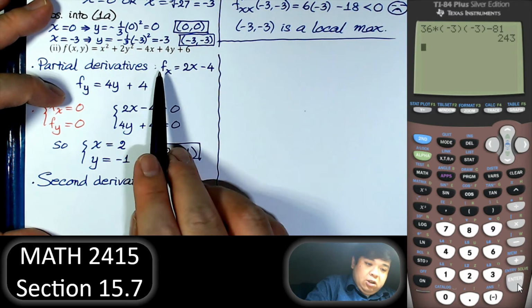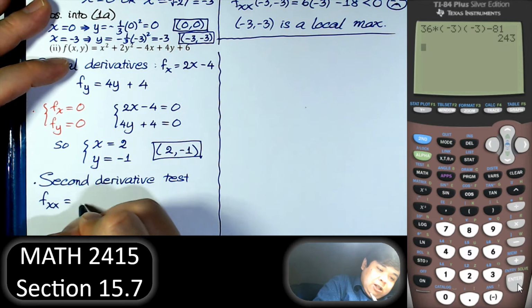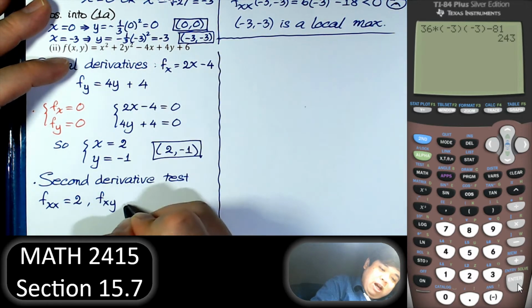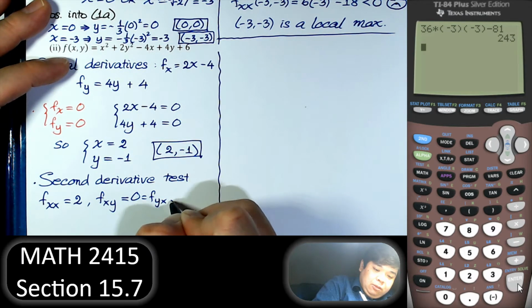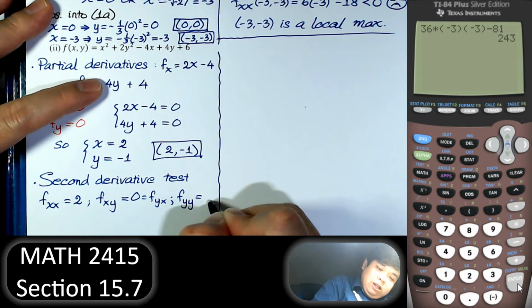So that is the first derivative. Now let's take f of xx. That'll be 2. f of xy, derivative of that with respect to y, is 0, same as yx. fyy is 4.